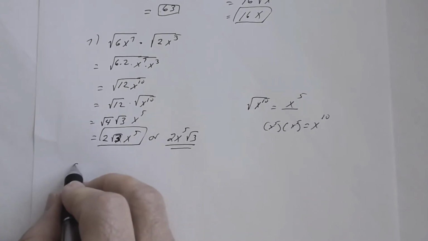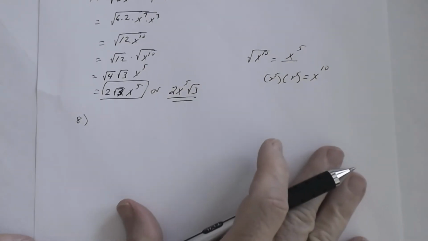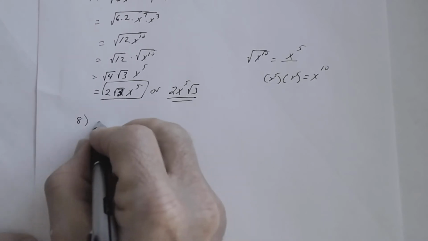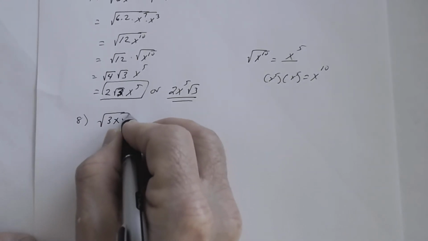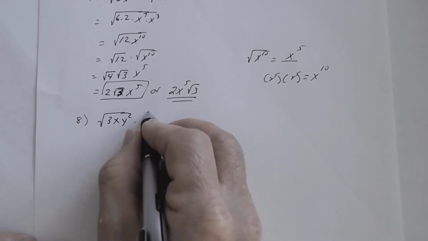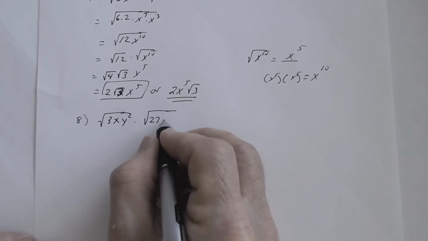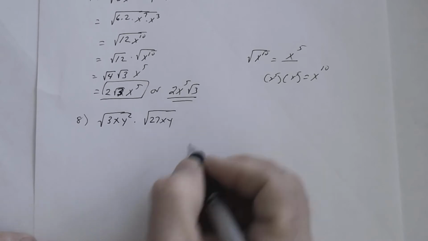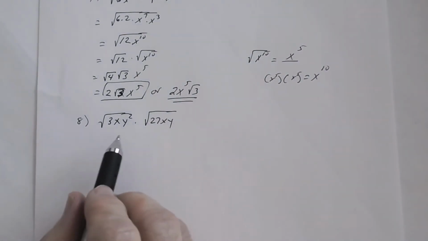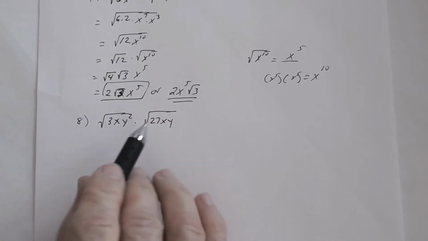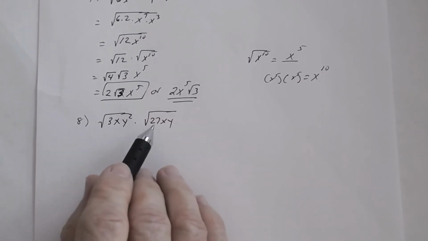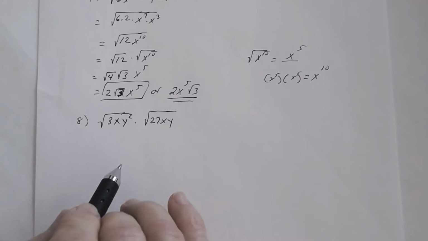So number 8, we have the square root of 3xy to the second times the square root of 27xy. The best way to deal with these so far is to go ahead and use the product rule and write this as 1 square root and then simplify.